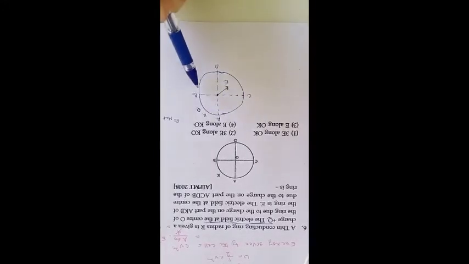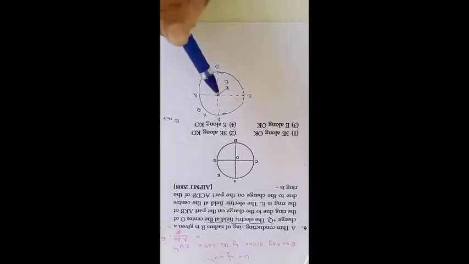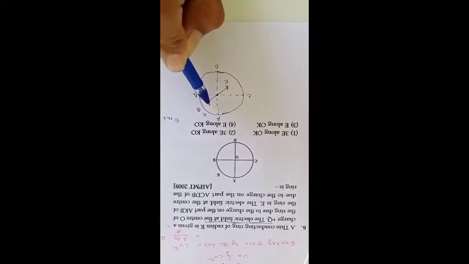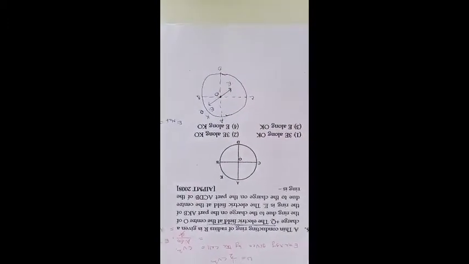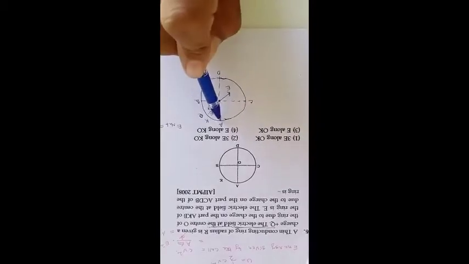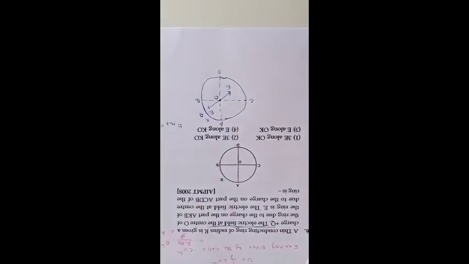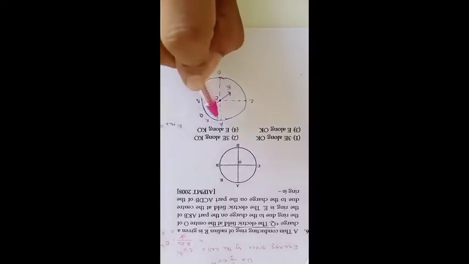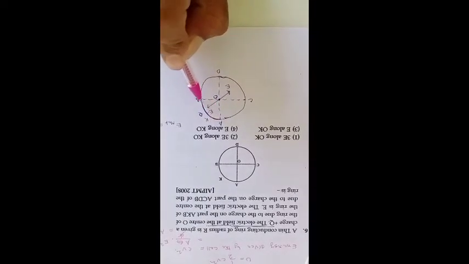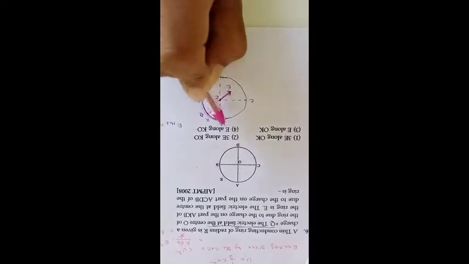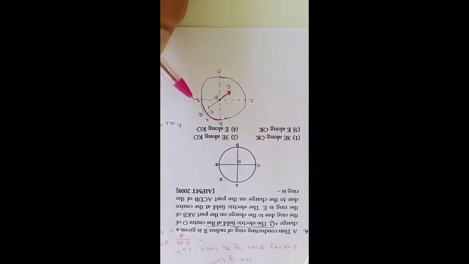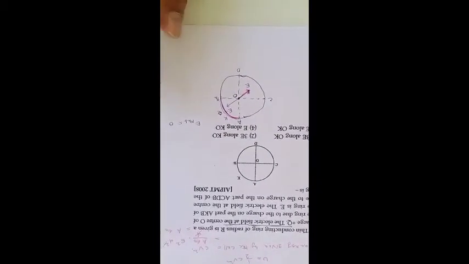This ACDB will also create the same field, and that is in the opposite direction. Then only the net field will be 0. If this part creates a field E, the remaining part will also create the same field in the opposite direction. That's why E net value is equal to 0.